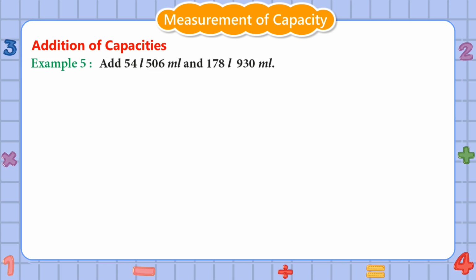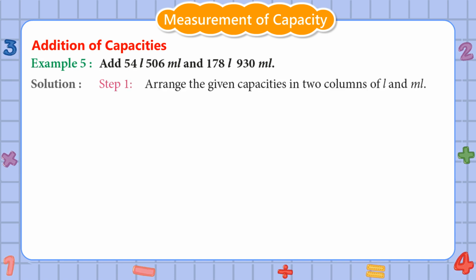Example 5. Add 54 liters 506 milliliters and 178 liters 930 milliliters. Solution. Step 1. Arrange the given capacities in 2 columns of liter and milliliter. Step 2.